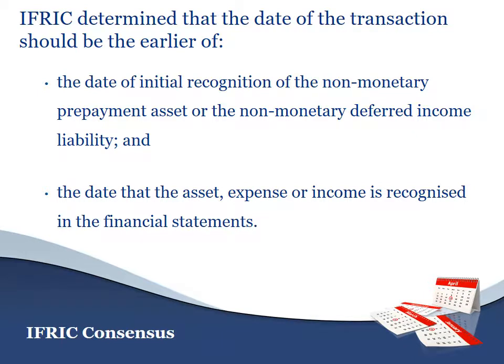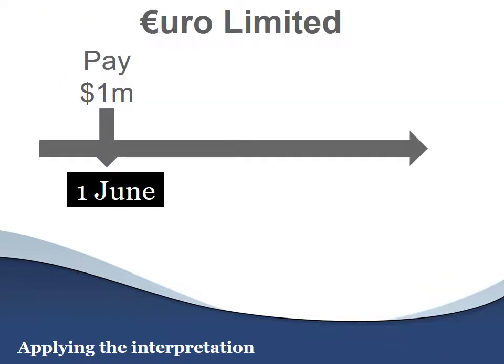So again, taking you back to the example that I gave you just now with Euro Limited. If I pay $1 million on the 1st of June, and if I apply this interpretation, then the rate of exchange that I must use is the rate ruling on the 1st of June, because that's the date at which an asset was created: I've paid in advance for the receipt of an asset that will come in only a month later.